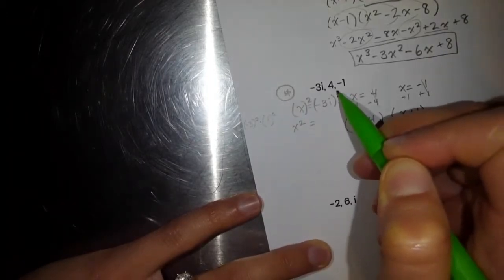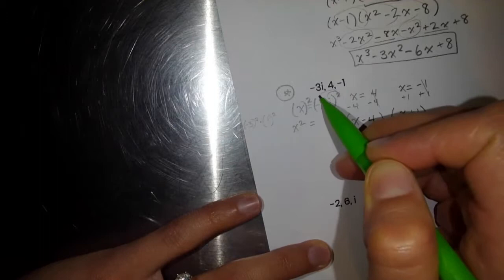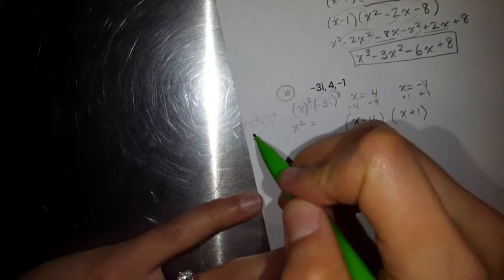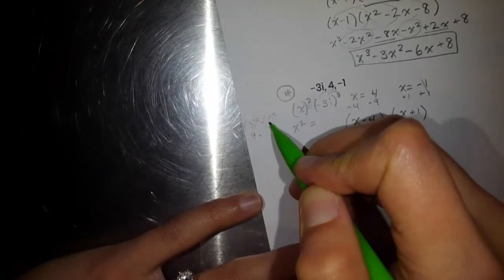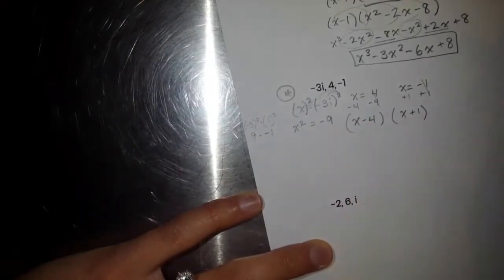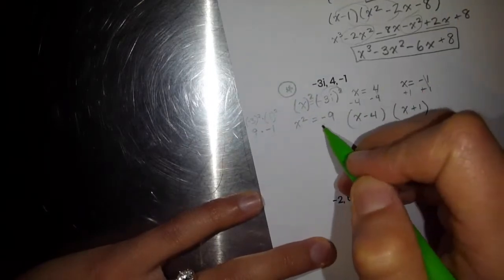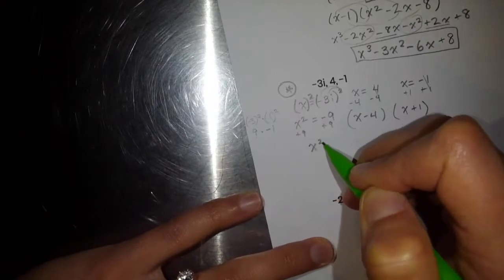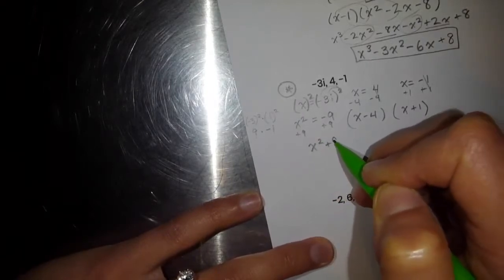Remember our exponent rule, the 2 would go to the i, and the square would go to the negative 3. So negative 3 squared is 9. i squared is negative 1. So 9 times negative 1 is negative 9. And then I would add 9 to the other side. So I have x squared plus 9.